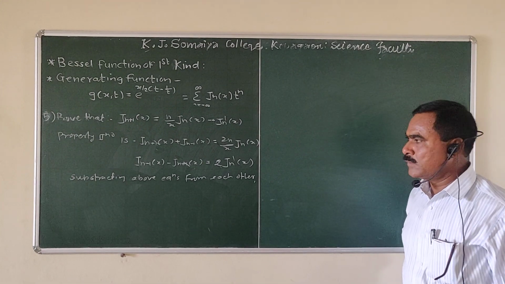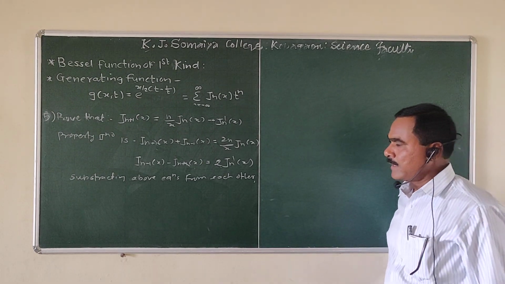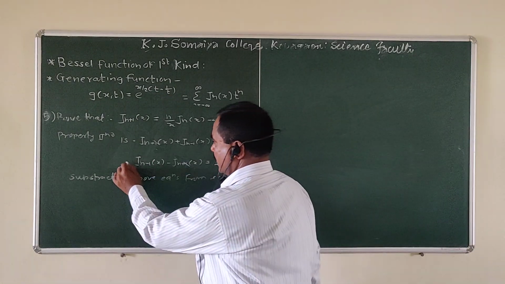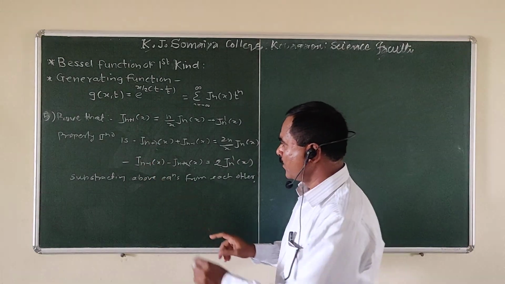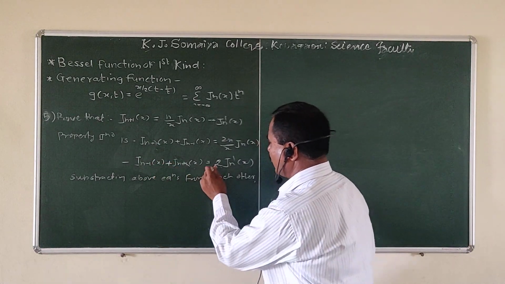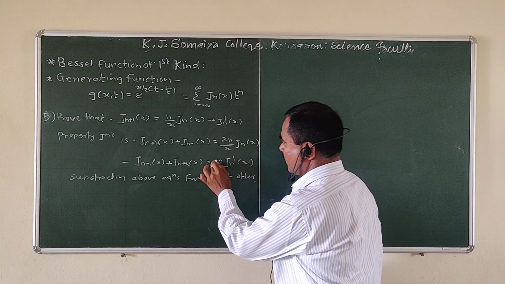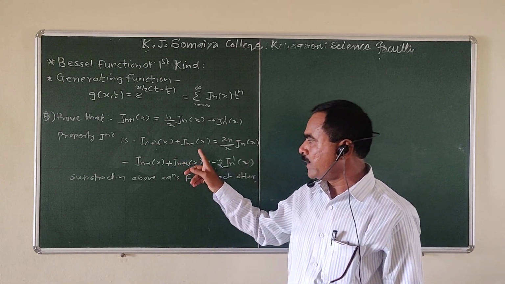For subtraction we give a negative sign here. So this term becomes negative, this becomes positive, and this becomes negative. When we change the sign, what happened?